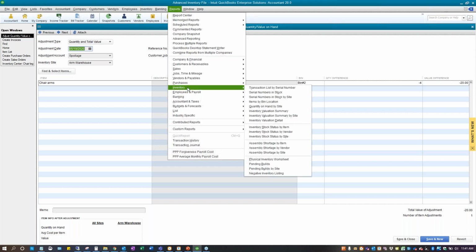Reporting, you've got a lot of reports now with inventory. If serial number's turned on, you've got lots of serial number tracking in here.